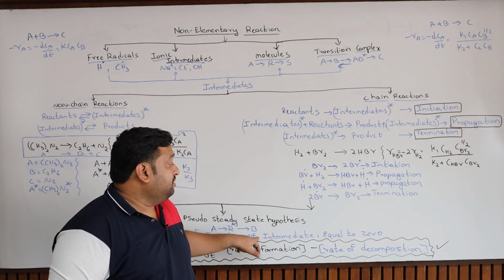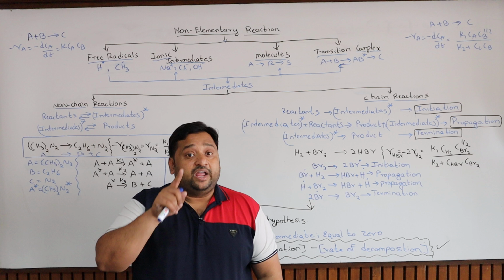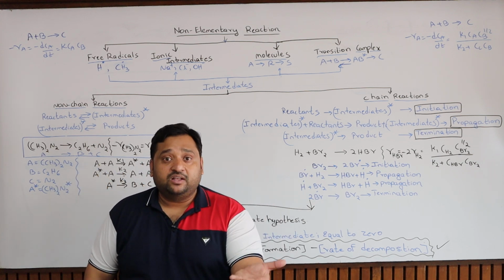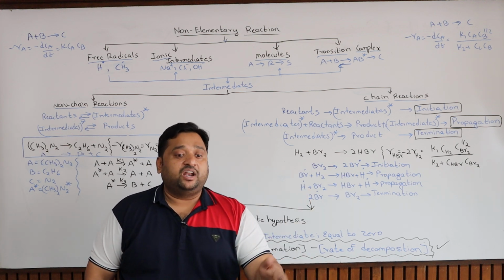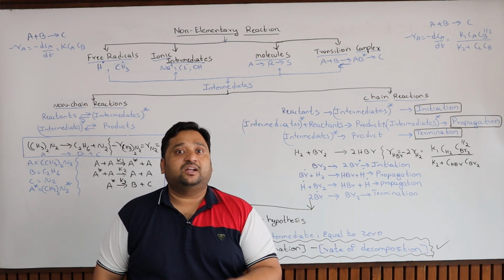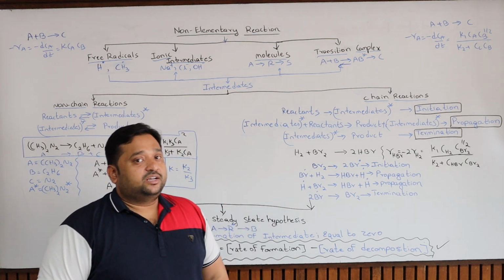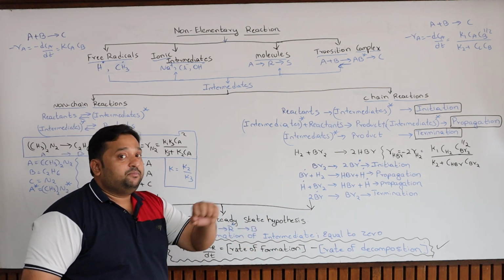So this is nothing but the pseudo steady state hypothesis. That means we know intermediates will form and intermediates will be consumed, but there is no net formation. That means you can't find those molecules during that reaction. That is why it is called pseudo steady state hypothesis.